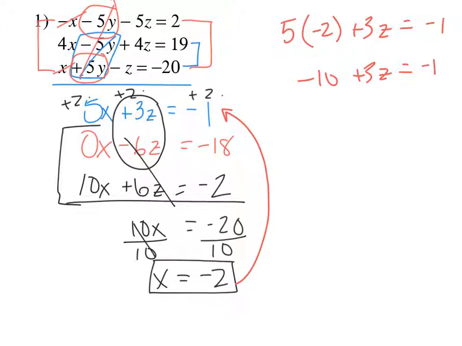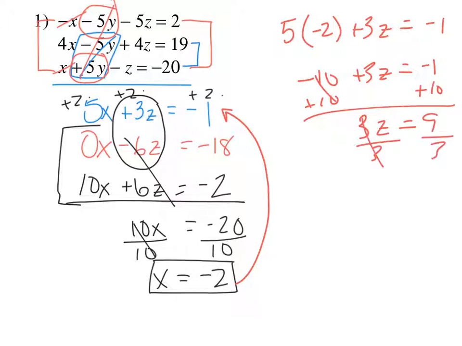Equals negative 1. I add the 10 over, plus 10, plus 10. So I get 3z equals 9. Divide by 3, and z equals 3.